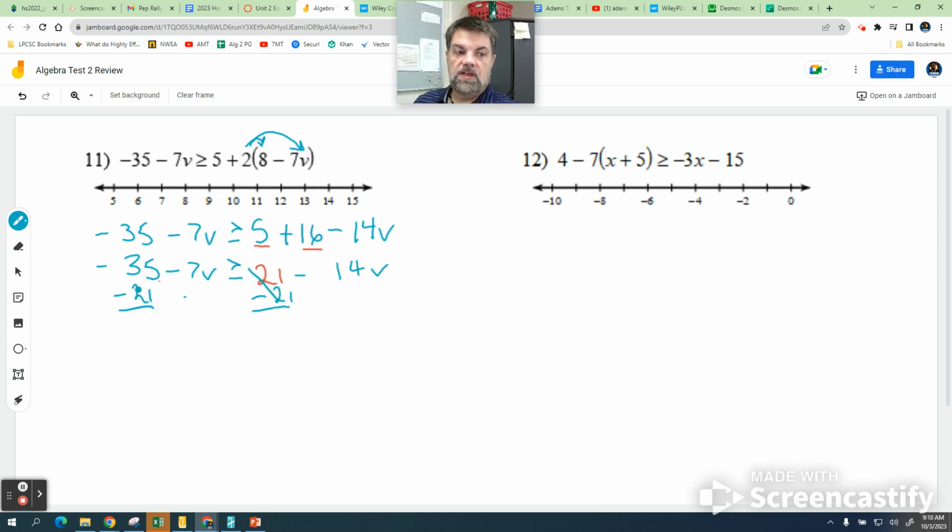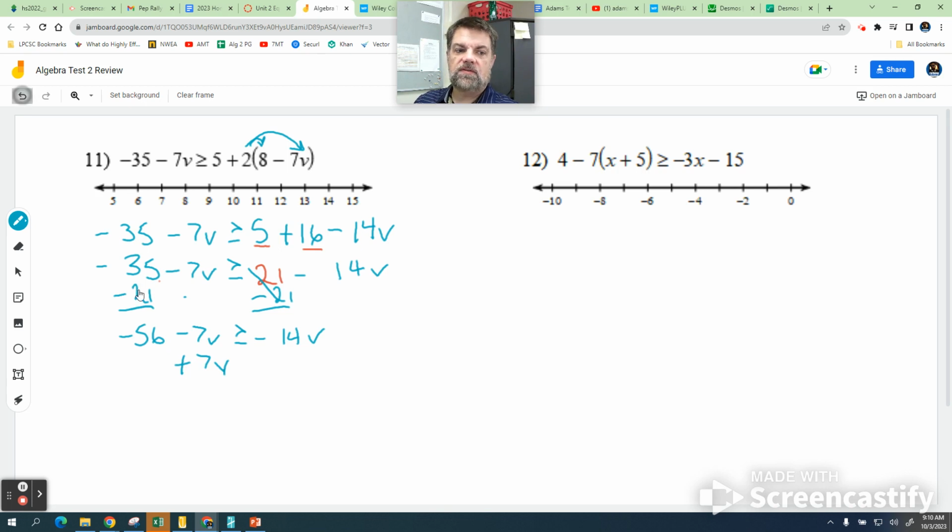These cancel. This becomes negative 56. Negative 56 minus 7b is greater than or equal to negative 14b. Now I'm going to add 7b to both sides because I want to move the 7b to the other side.